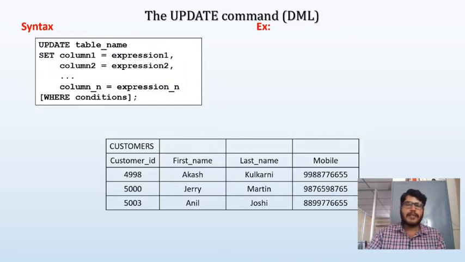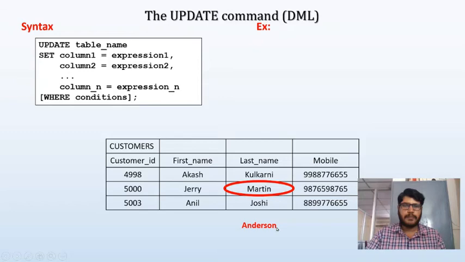So I want to modify the last name of customer ID 5000. I want to change this last name to Anderson. But wrongly I have placed Martin as the last name for customer ID 5000. So now I want to modify this record. How can it be done?